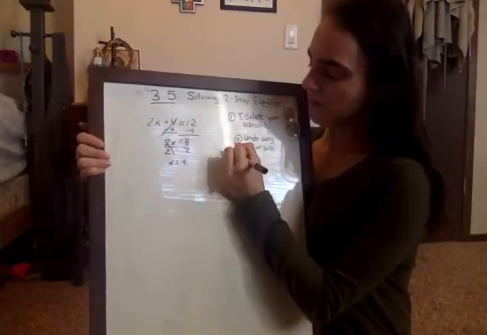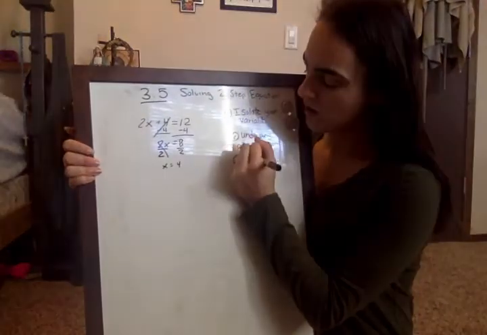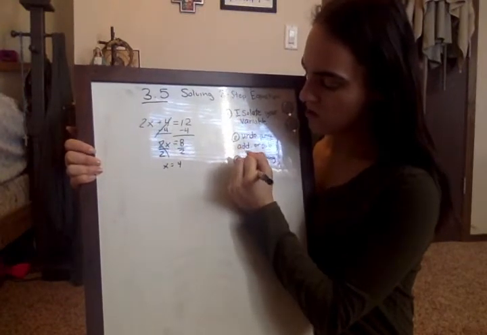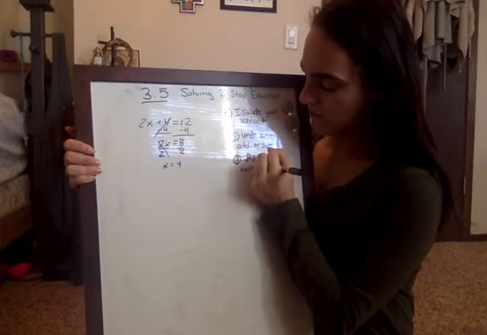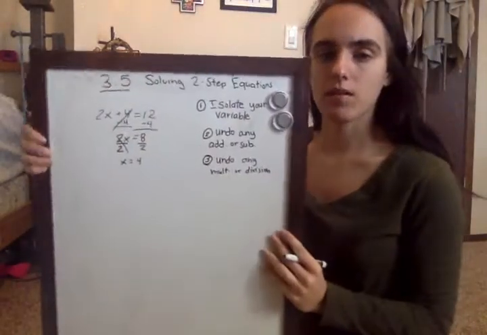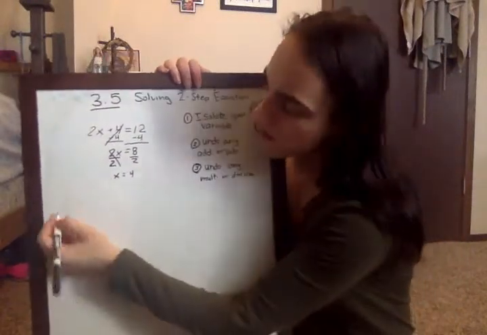Okay, so my third step is to undo any multiplication or division. And so I can plug this back in to make sure I'm correct.